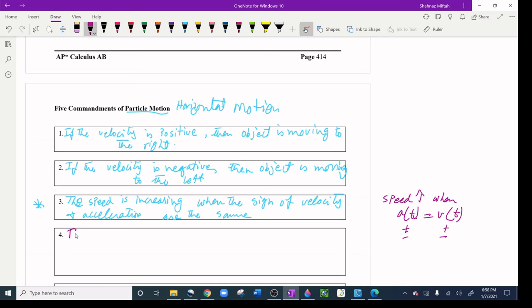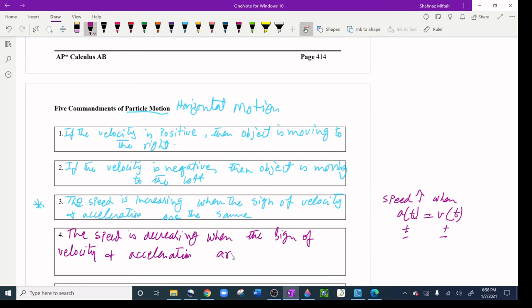Next, the speed is decreasing when the signs of velocity and acceleration are different or opposite, like one positive, one negative. Then it means speed is decreasing.